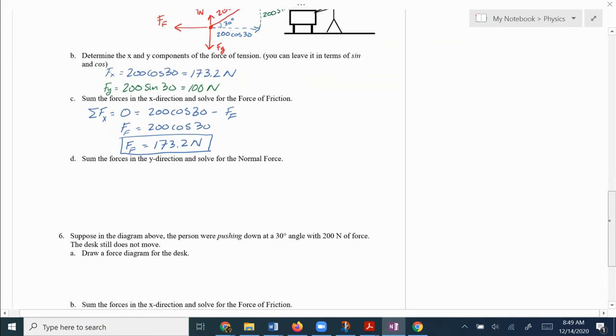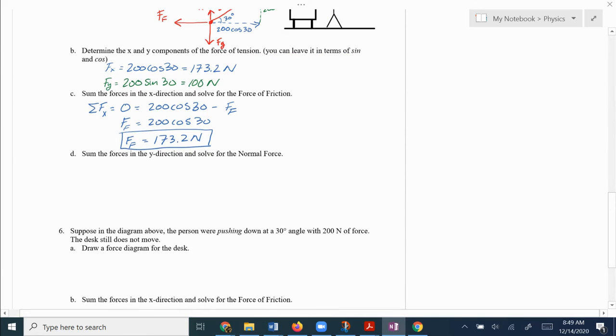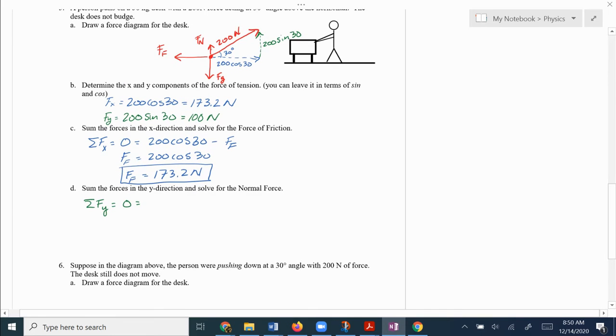Okay, next one. Now do the y direction. Sum of the forces in the y direction, and that's going to be equal to 0 as well. But now when I look at my diagram, I'm looking for all the up forces minus the down forces.